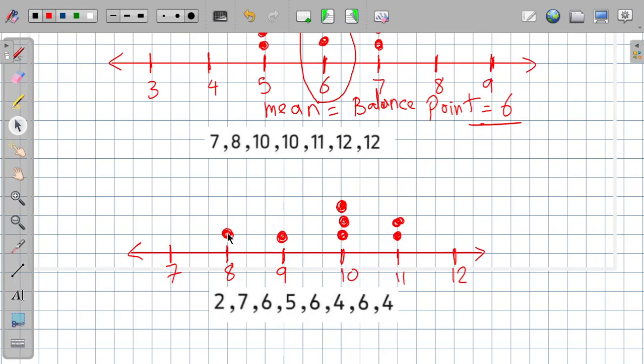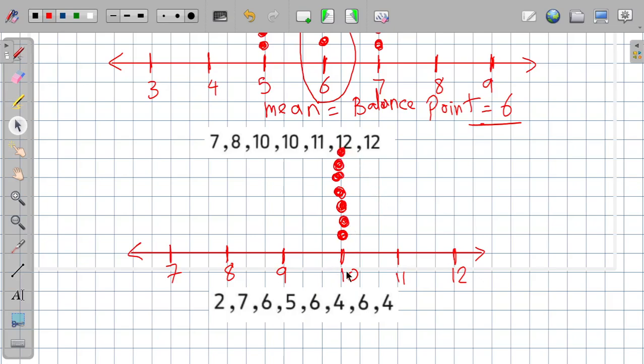And this point at 8, I will move it to 9. This point at 9, I will move it to 10. And this point at 11, I will move it to 10. This point at 9, I will move it to 10. And this point at 11, I will move it to 10.